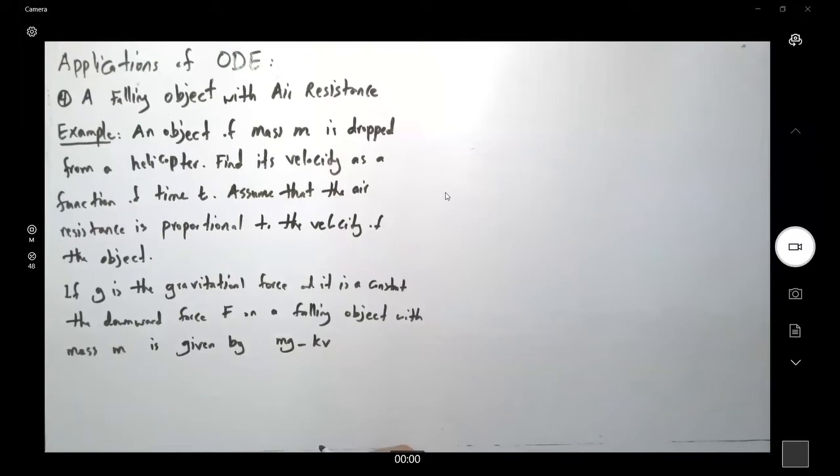V is the velocity and k is the constant of proportionality.